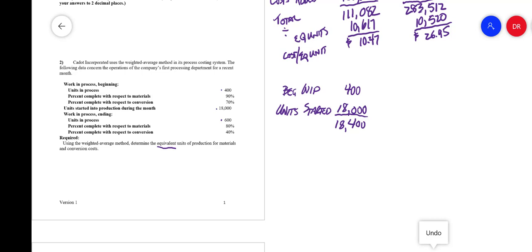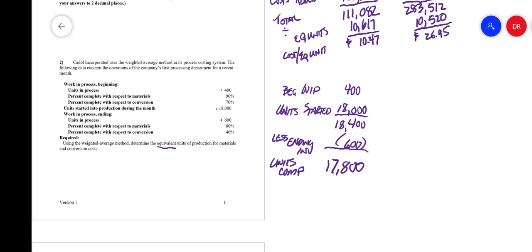Then we're going to deduct or take out ending inventory, and the ending inventory will not be weighted either, so that's 600 units. I'm going to show that with brackets here. And so we have units complete of 17,800. Okay? Alright, that's the first step that we need.